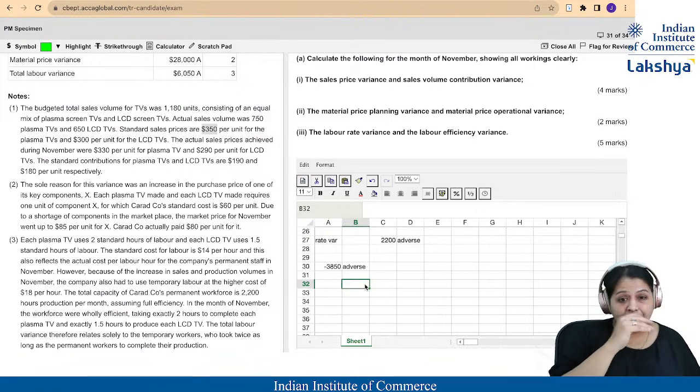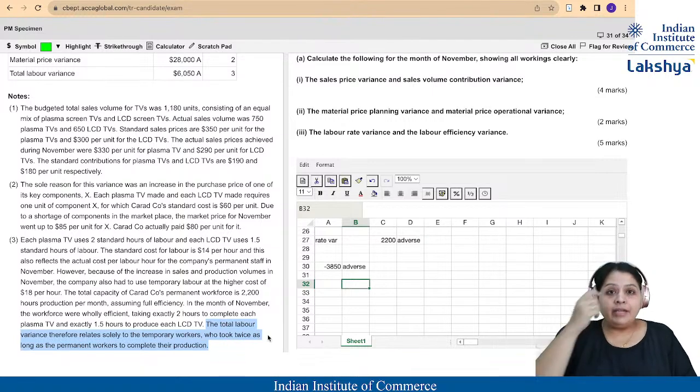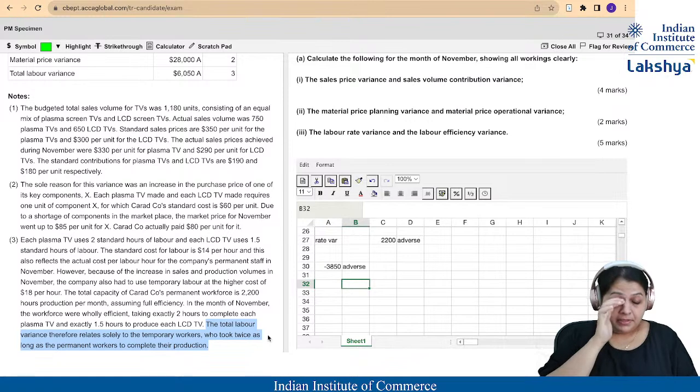The first and second are comparatively easier. The third one takes a little more of your time because we need to read the last lines carefully to understand the rate variance and the efficiency variance, right?